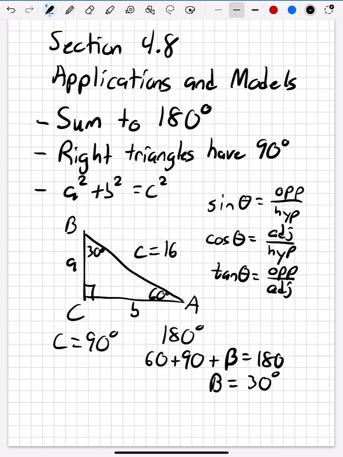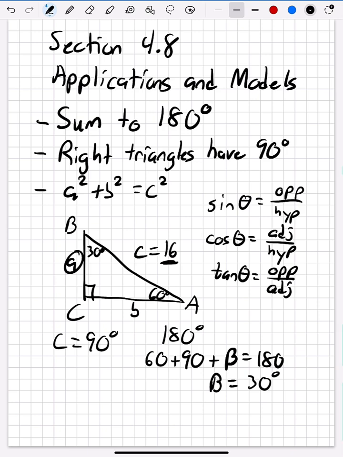What about the other side? Let's look at lowercase a. Depending upon which angle I choose, here I'm going to choose capital A. That is the opposite side of the angle 60. So I would need my opposite and my hypotenuse, since I have a hypotenuse of 16.